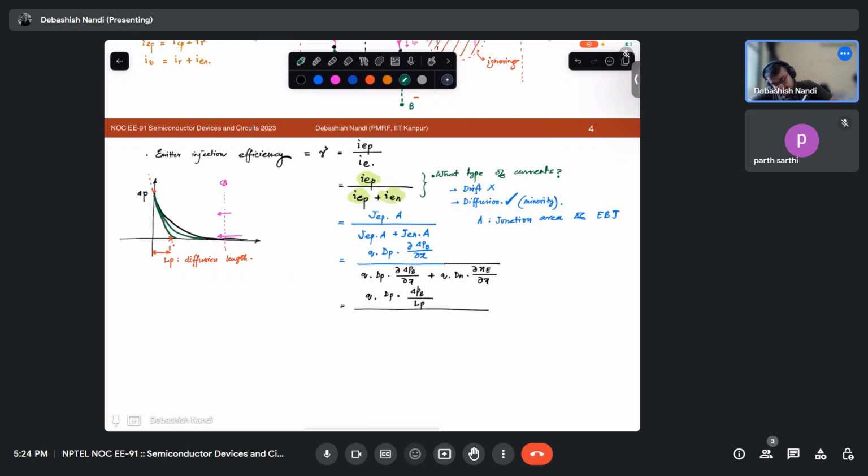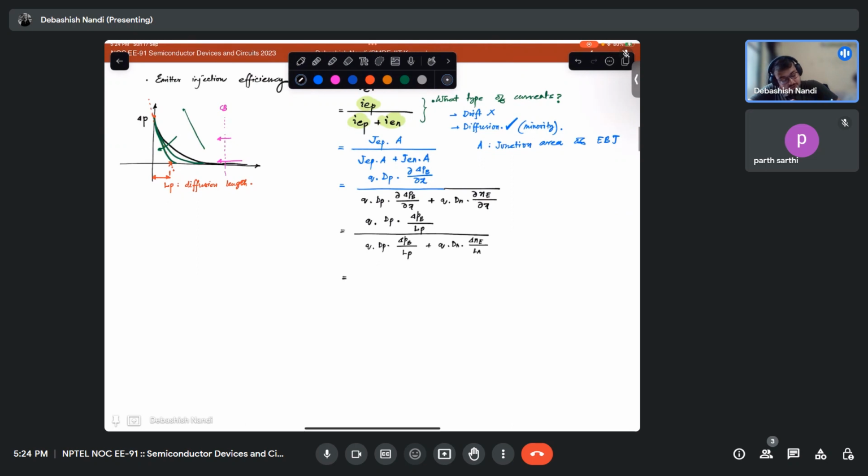After some time this will be almost linear, so for that reason we make this approximation. So then this is q D_P delta P_B over L_P plus q D_N delta N_E over L_N.